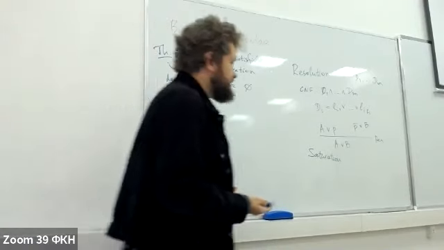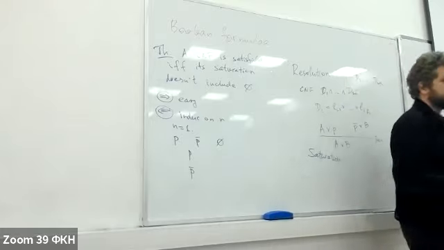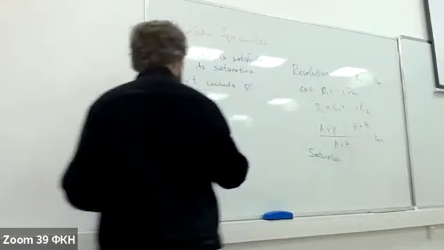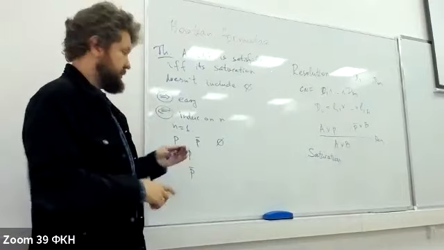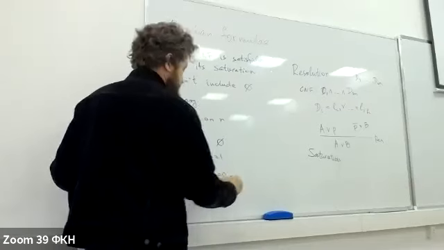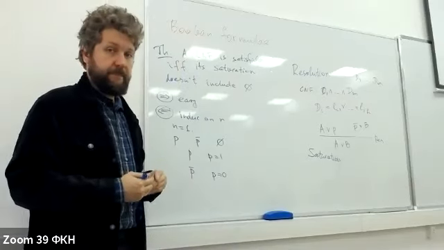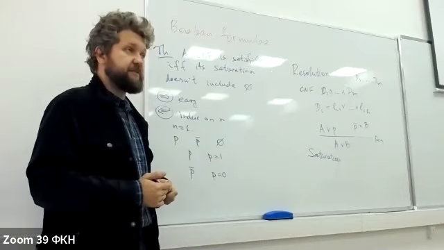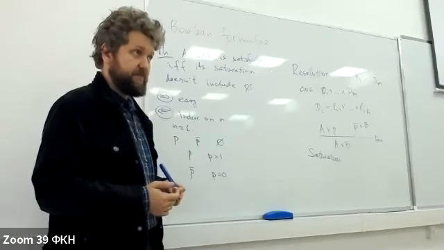The empty conjunction is true, and it's satisfied by any assignment. If we have only P, it is satisfied with P equals 1. And not P is satisfied with P equals 0. So both of these give satisfiability. Okay.